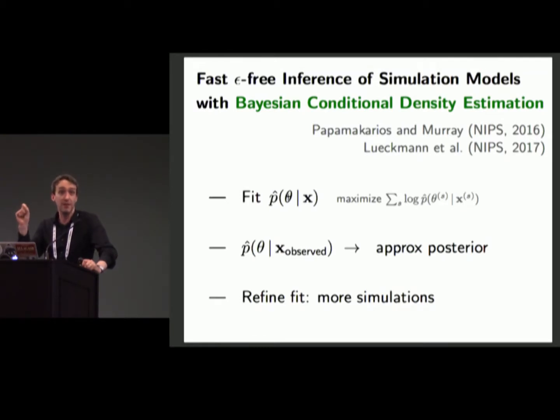If this thing is really expensive, I'd like to run one simulation, get some idea of the posterior distribution given that tiny bit of information, and then go back and refit my model and then run one more simulation again. And if you believe all of the Bayesian machinery and you believe all the claims of Bayesian neural networks, that should work. And in practice it doesn't.